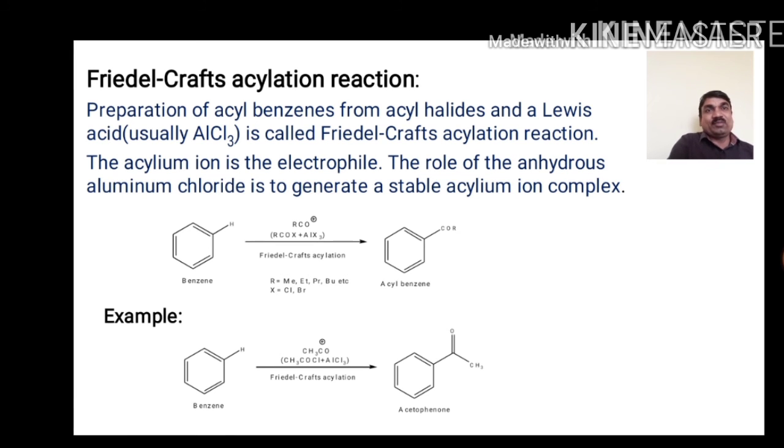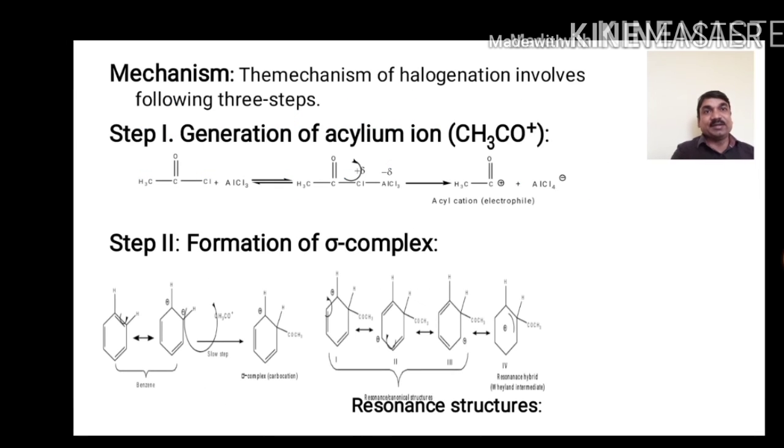The mechanism of the acylation reaction involves the following 3 steps, the first being generation of the acylium ion. When acyl chloride is reacted with AlCl3, it results in the formation of the acyl cation as an electrophile and AlCl4- as a base.